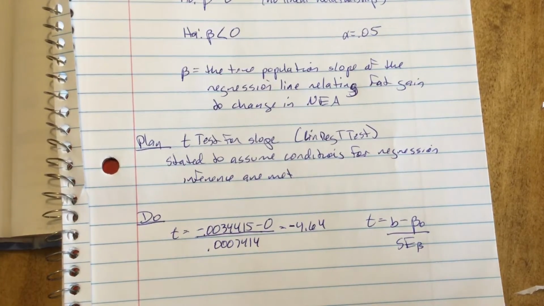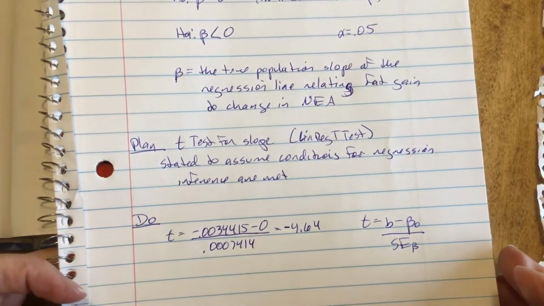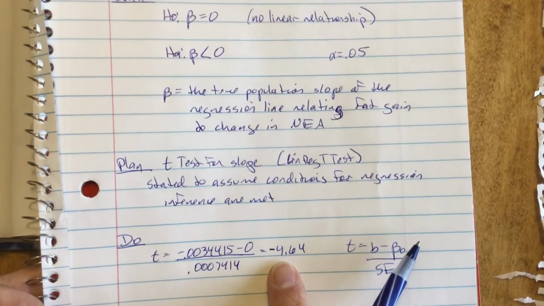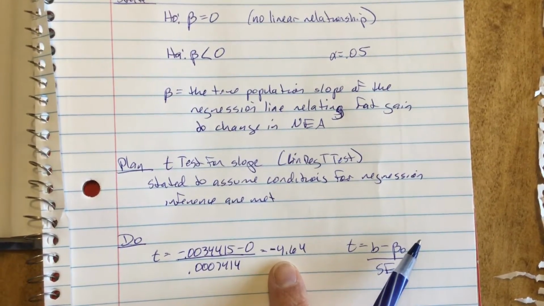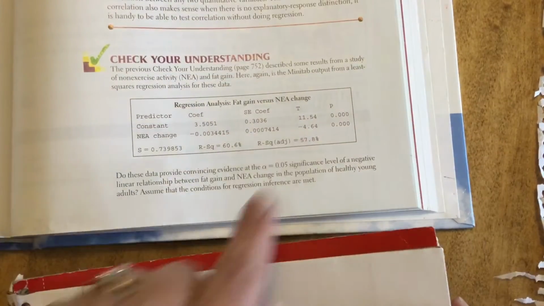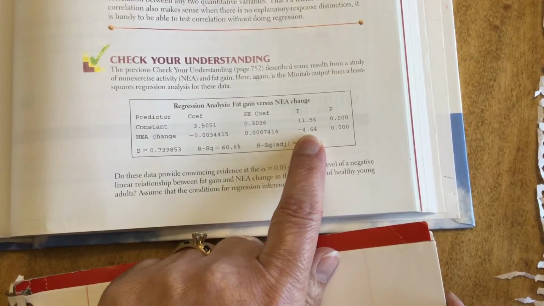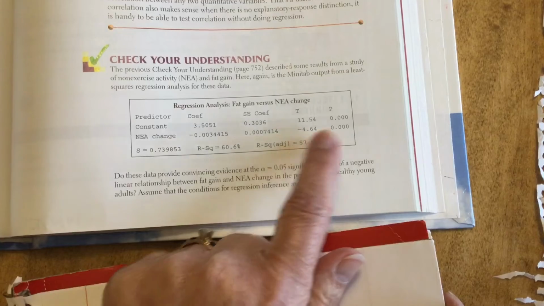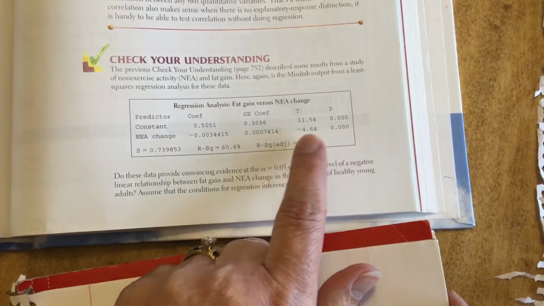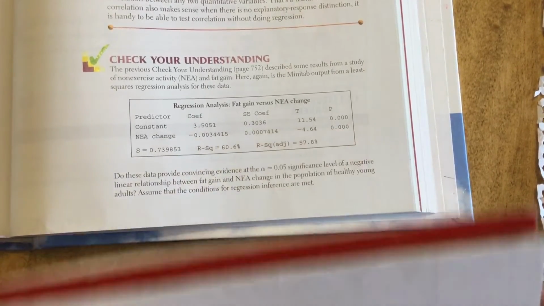And of course, I can do tcdf to find my p-value, but you'll notice my t-score, negative 4.64, is right there in my printout. So I don't really need to calculate it, okay? So I have my t, and lo and behold, there's my p. So again, use these ones on the bottom. So my p is essentially 0.